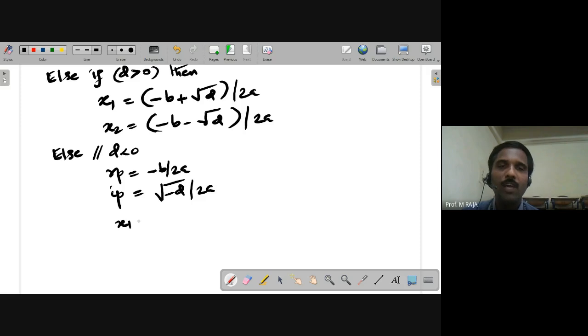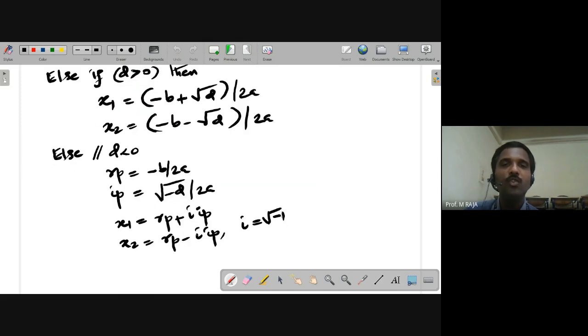Then we have x1 is equal to real part plus i into imaginary part. x2 is equal to real part minus i into imaginary part, where i is equal to square root of minus 1.